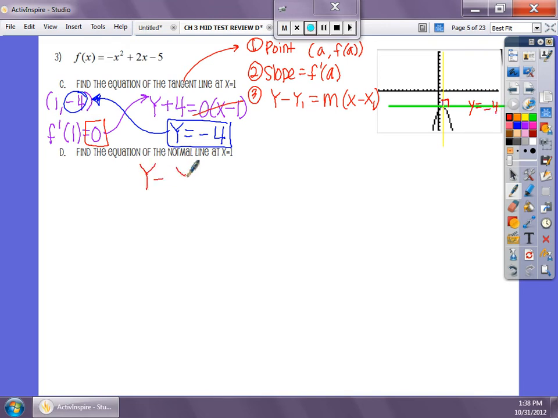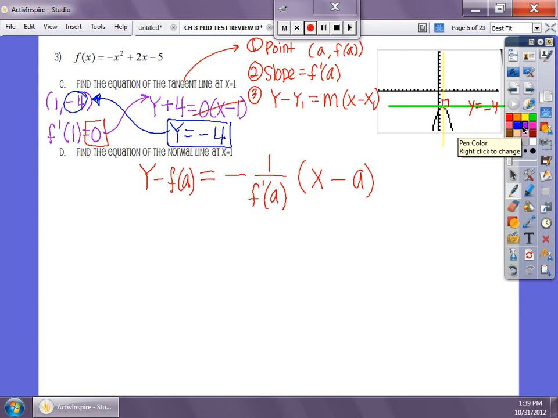If you tried to do the normal line for any other equation, you would do the opposite, which is the negative reciprocal: 1 over the slope at a times x minus the a value. And actually, I'll even write in f of a right here. So that's really what it would look like if I had a normal slope value of 1 or negative 2 or 5.